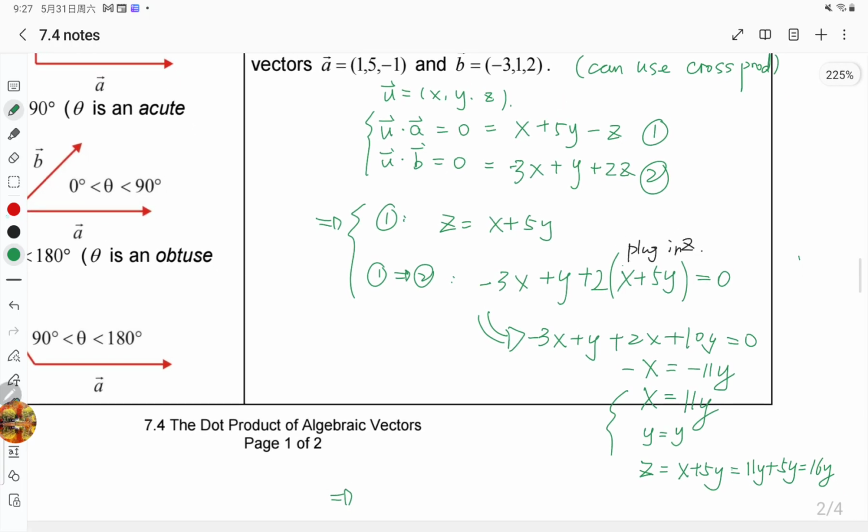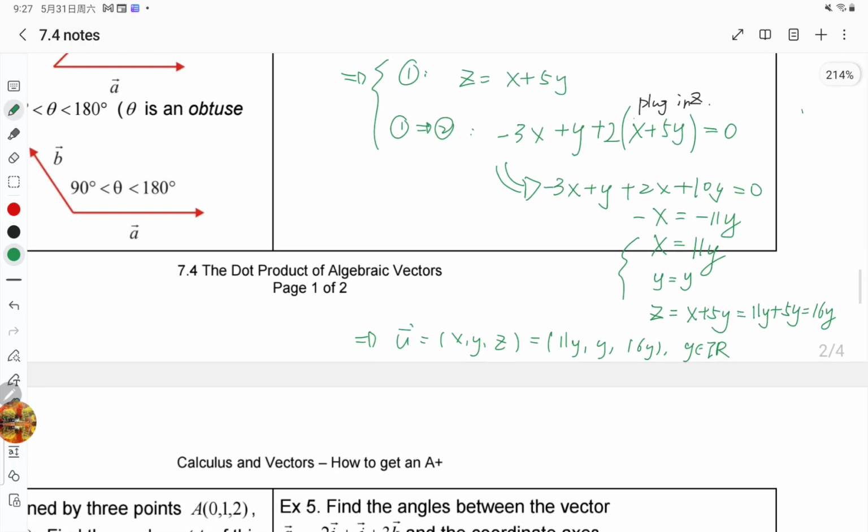Because remember that in the beginning we assumed that u is equal to x, y, z, so u now is equal to x, y, z, and then we can plug in 11y, y, and then 16y, and y is our free variable, y is in R, so you can pick anything now.